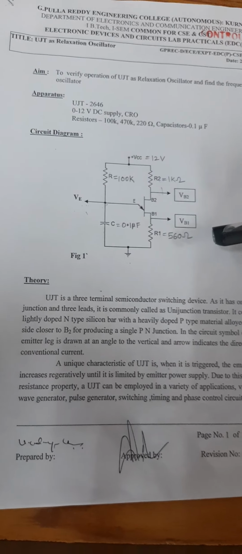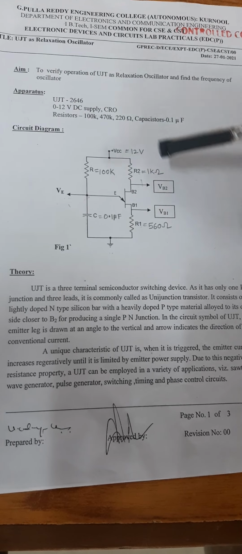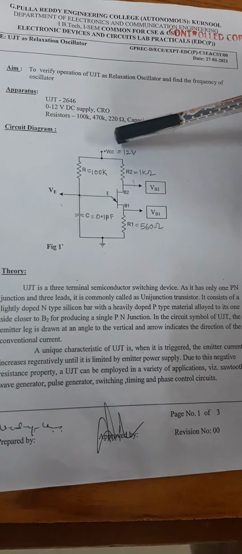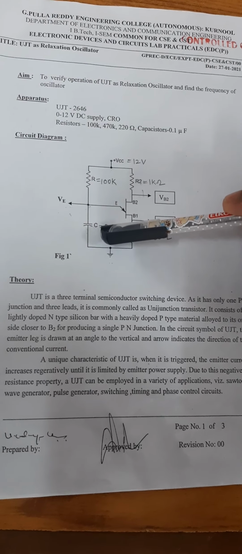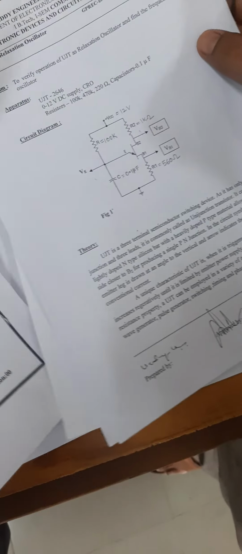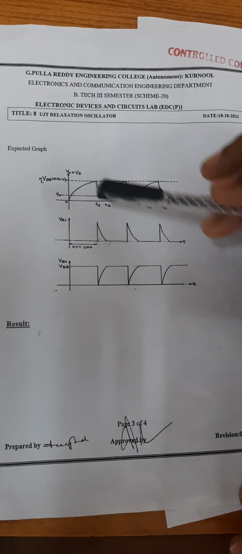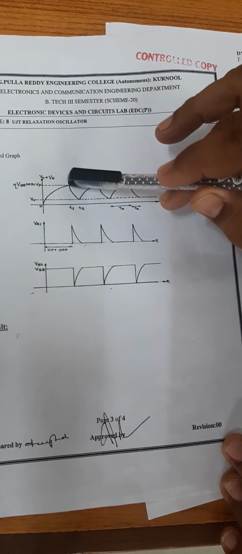Coming to the working of UJT as a relaxation oscillator. First we provide the DC supply of 12 volts. Through this DC voltage the capacitor starts charging through the resistor R. If you observe the waveforms of the capacitor, it starts charging and reaches a maximum value.